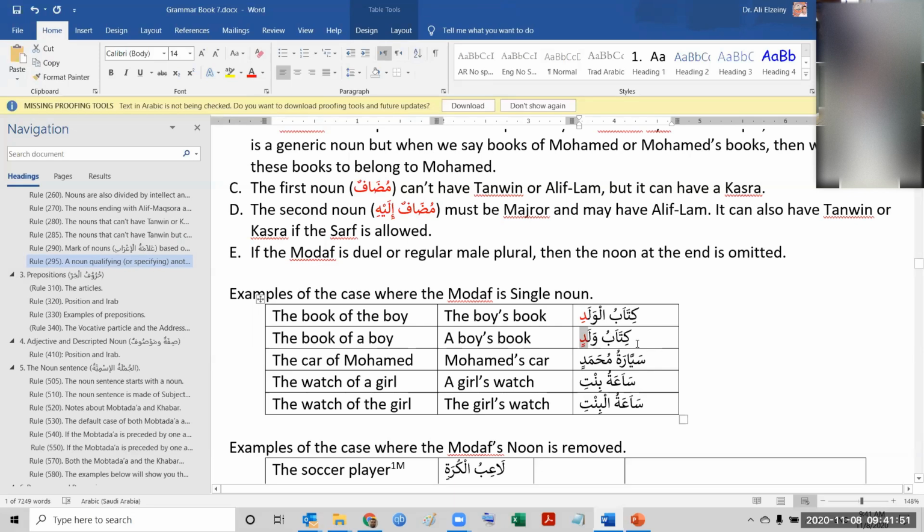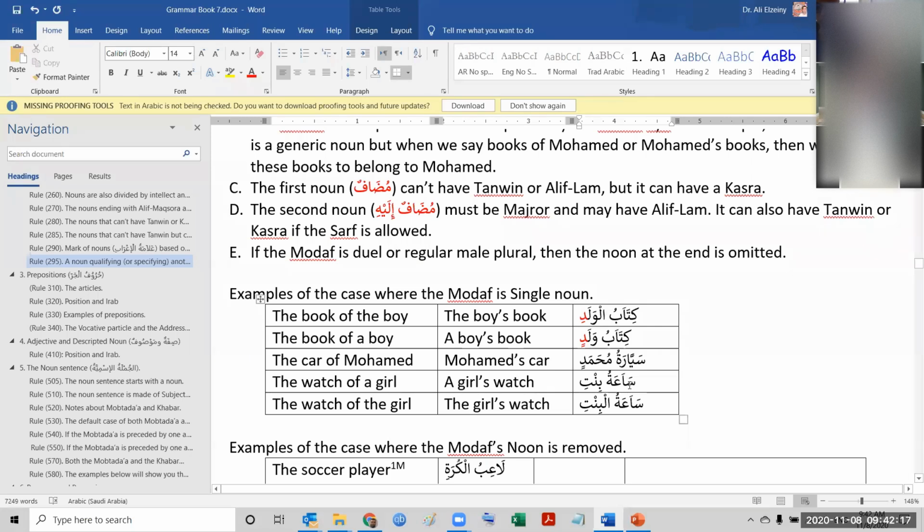The rule says that if you have alif lam, then you cannot have tanween, period. That's a universal rule. If there is alif lam, we can't have tanween, for all kinds of words in Arabic.